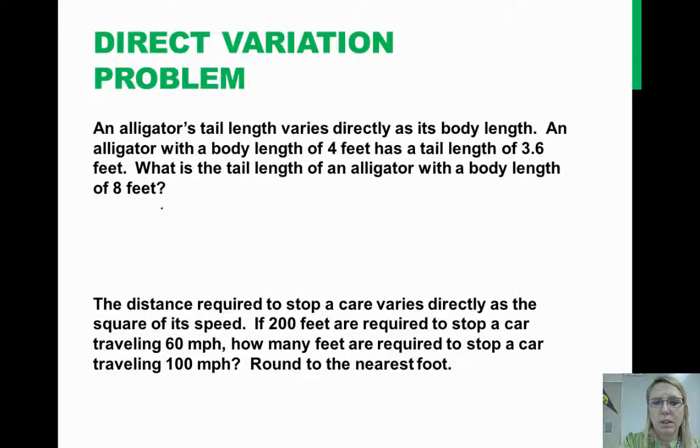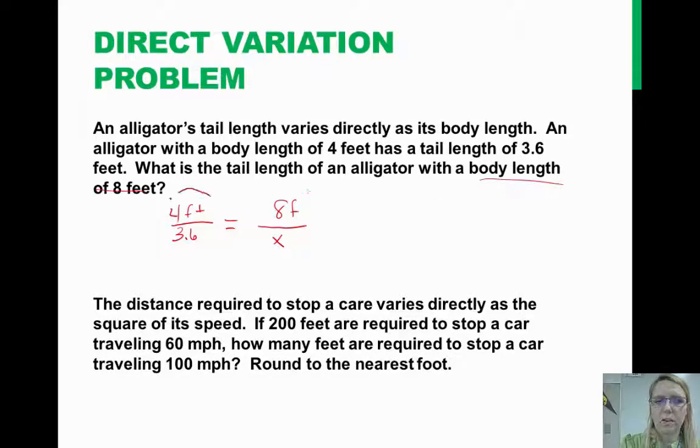So it would be something like this: 4 feet body length over 3.6 feet tail length. And what is the tail length of the alligator? Well, we don't know, so I'm going to put x here. And the body length here is 8 feet, so it'll be right here. So what we're going to do is cross multiply and divide.